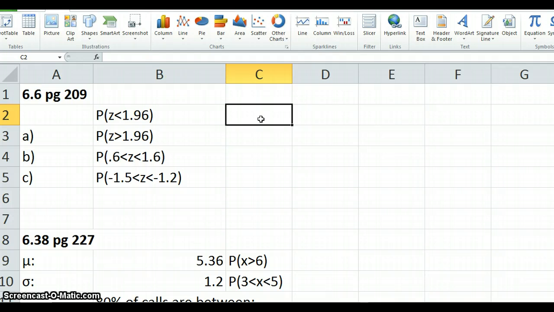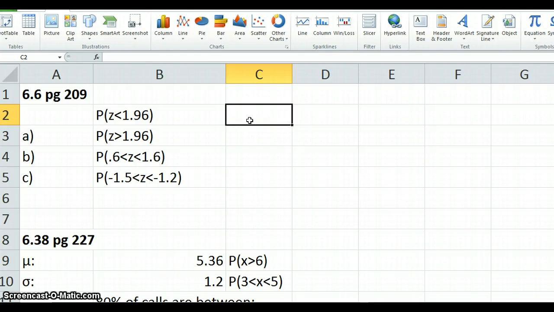The idea for this is that you get to use z-scores, which just tell you how many standard deviations you are away from your center, which in this case is 0. Before I get started on the actual questions, I wanted to show you how Excel wants to do these computations. I want to know the probability of getting a z-score below 1.96.